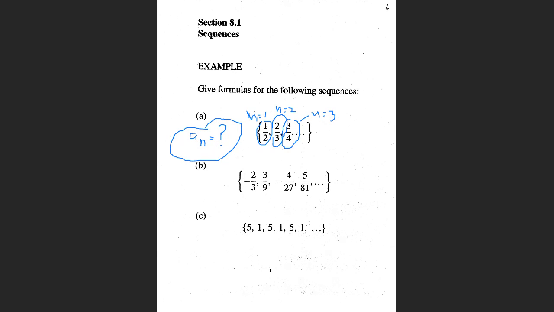For our first term, the first term is a half, the second term's 2/3, the third term's 3/4. So if n starts at 1, what might the general formula be? I think Tina had a nice answer, but I'm just wondering if anybody else.